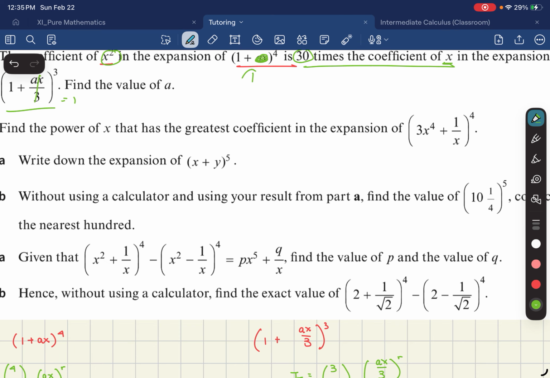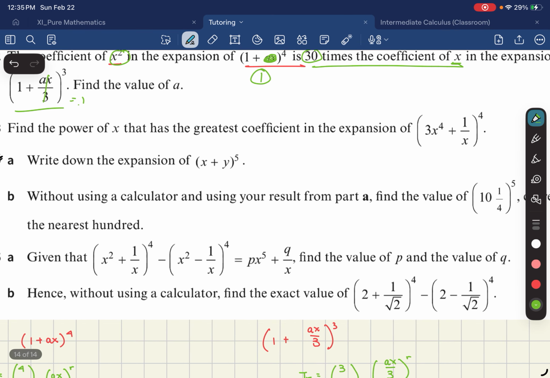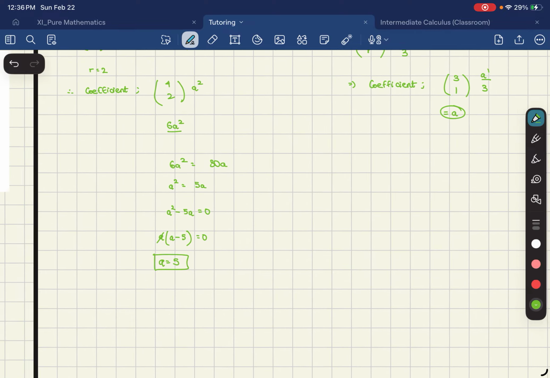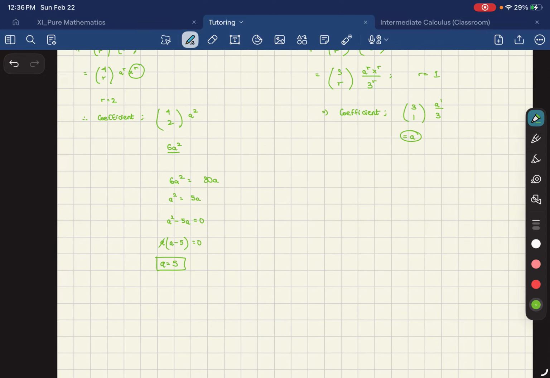And this 1 is not equal to 30 times 1. Those things are not equal. So a cannot be 0. So that is why you only want to choose a is equal to 5. If it's a equal to 0, it does not work. So that is the answer. a should be equal to 5.